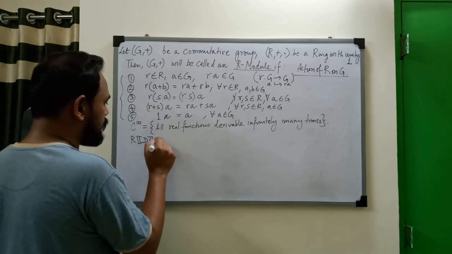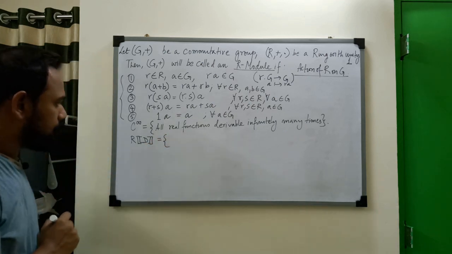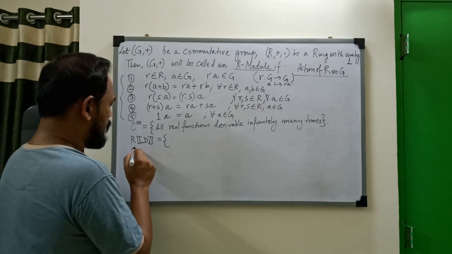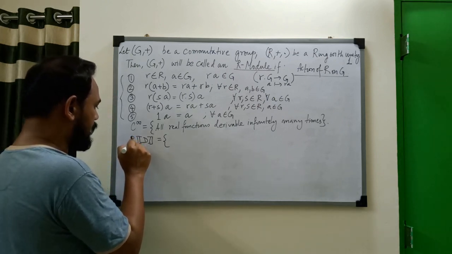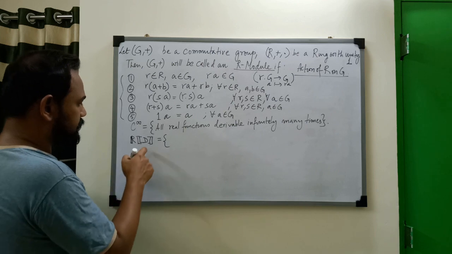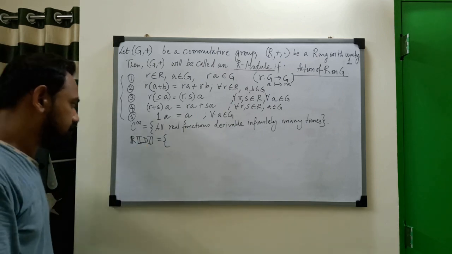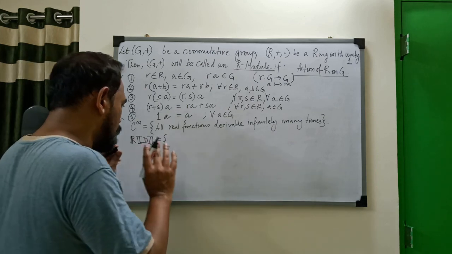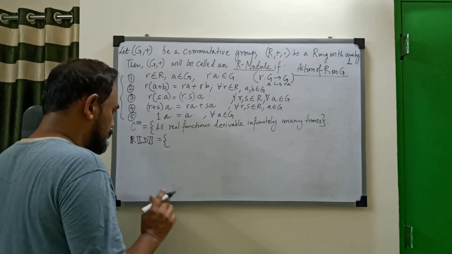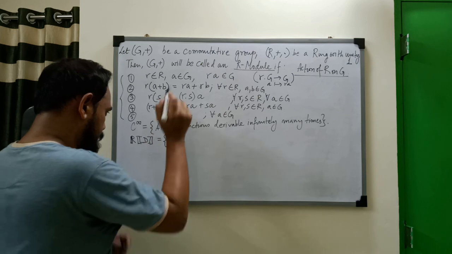So I'm going to define a set here. This is the set of real numbers R, and this is D, capital D, which is the indeterminate, or a variable. We don't know what it means at the moment.